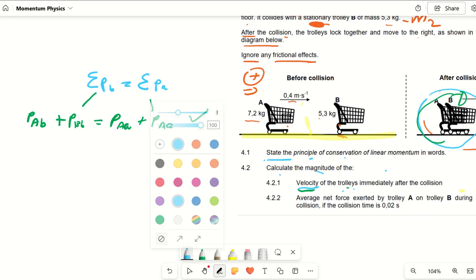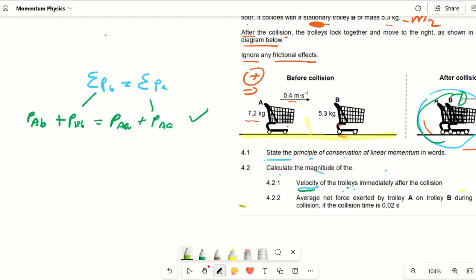So now let's go ahead and substitute. The momentum of the first one is just m1 v1, okay? Then this will be m2 v2 before collision, and then this will be m1 v1 plus m2 v2 after collision. Let's deal with this one. What is my m1?